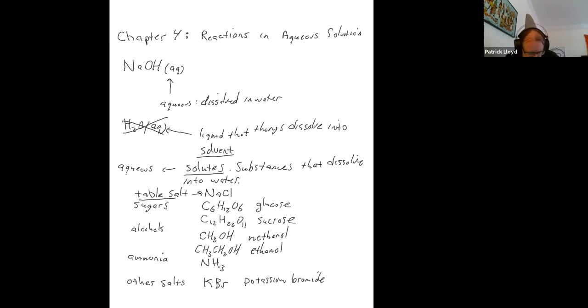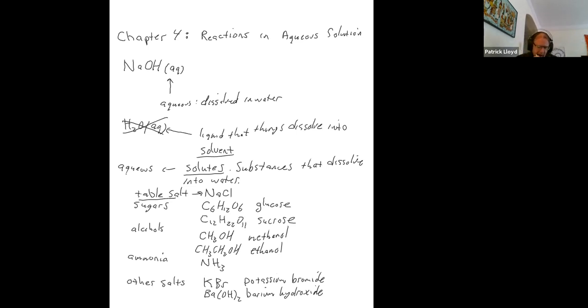It's got a metal and a non-metal. Barium hydroxide, for example. That one dissolves in water. There's a bunch of them.